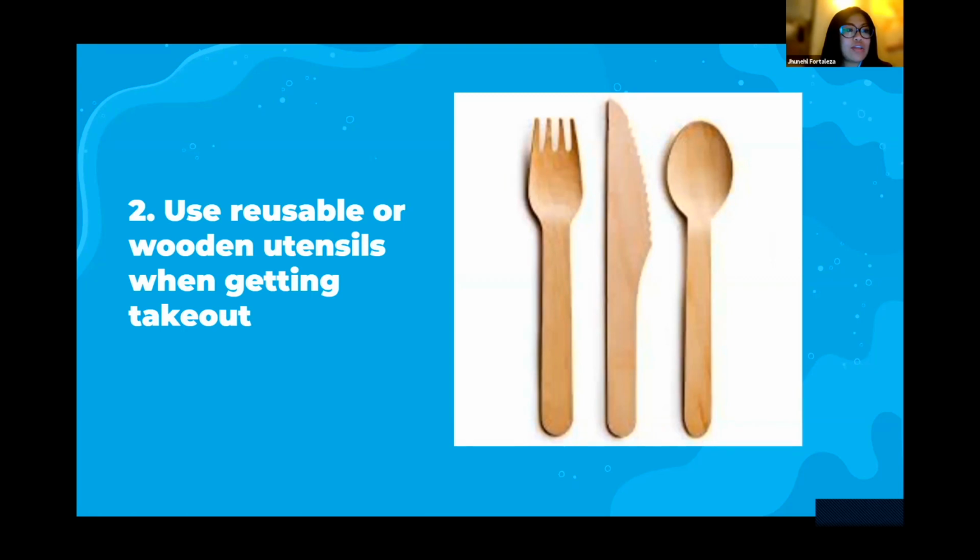So the next time that you order takeout, refuse the plastic utensils when they ask you if you want them. Some of the easiest plastic types of litter are these plastic utensils. They're also sharp and dangerous for marine wildlife and all wildlife. And on average, one person can save 466 pieces of plastic utensils a year if they just use their own at home, or if they decide to use wooden ones.